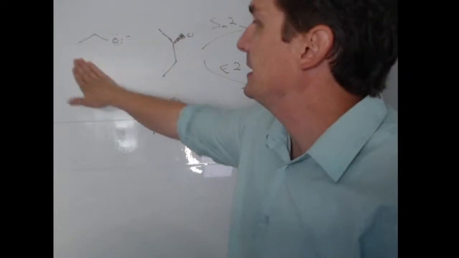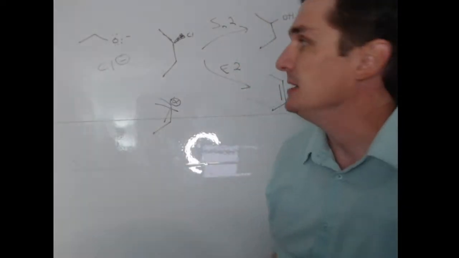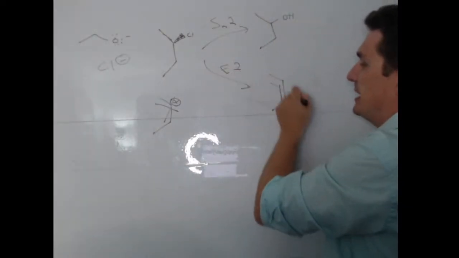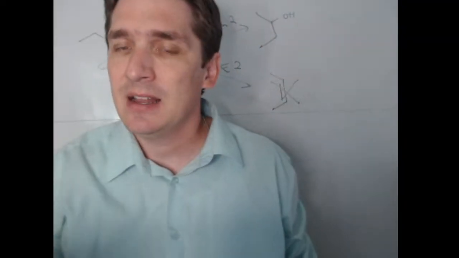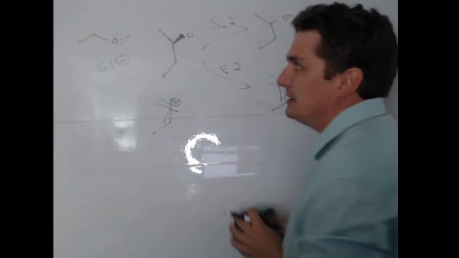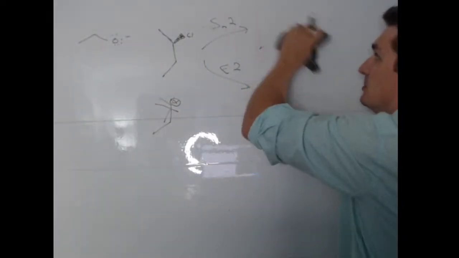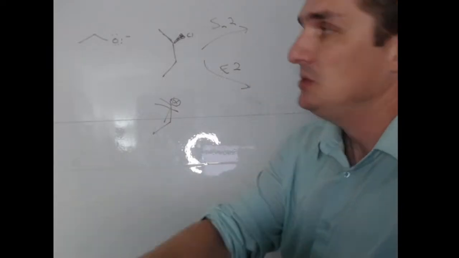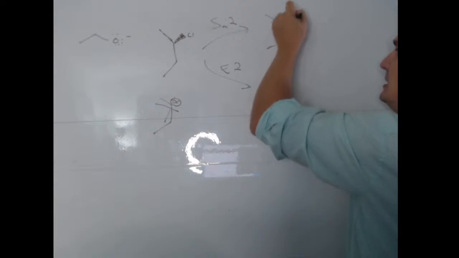But if you do something like chloride, Cl-, chloride is not a base. It cannot possibly do the elimination reaction because it doesn't have the ability to extract hydrogen. Ethoxide is not a fun one to play with because it's not clear if it's going to do substitution or elimination. In most cases, you're going to get a mixture of both. So for the substitution here, the oxygen is going to attack the carbon, and you're going to end up getting an ether.